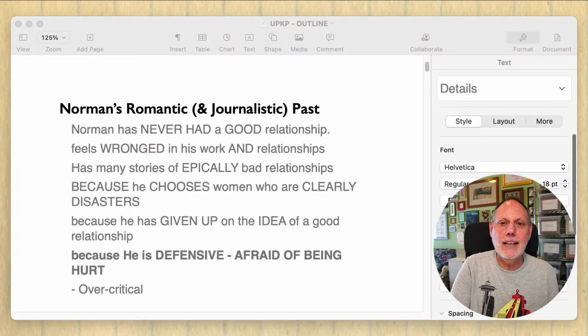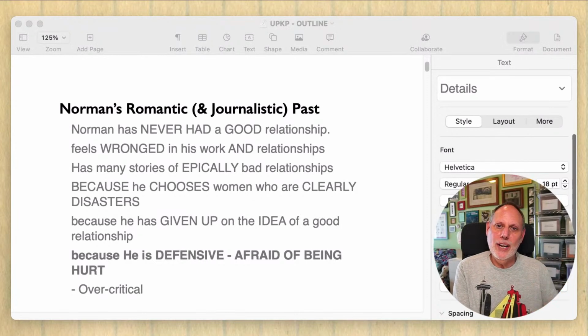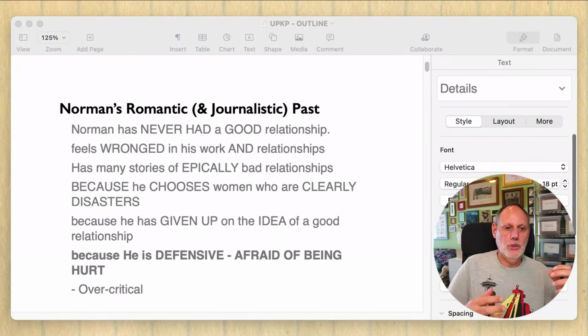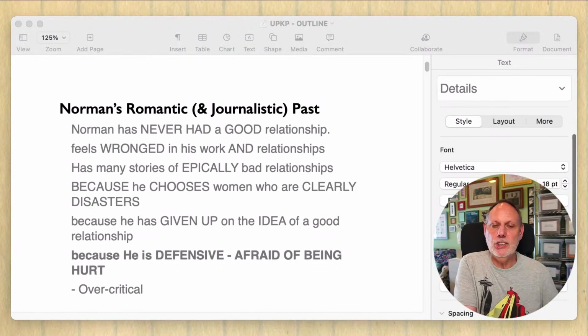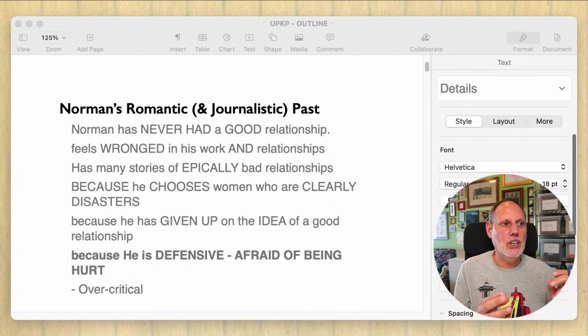I had the basic idea that he was going to be a critic of society, somebody who is feeling left out of the changing world of the 21st century. And as a result, he's going to be sort of negative. He's critical. He's something of a scold.